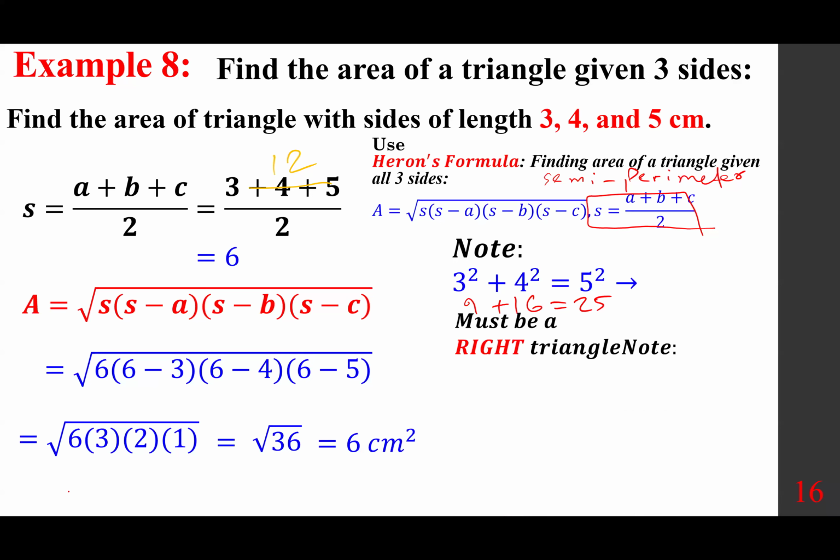It's the reverse process of the Pythagorean theorem. And so you're dealing with a right triangle with 3, 4, 5. As you know, the area is 1/2 base times the height. And in a right triangle, the base and the height are the two legs. Just ignore the hypotenuse. So this one is 90 degrees. So 1/2 times 3 times 4, and that's the same answer. So you see that works out.